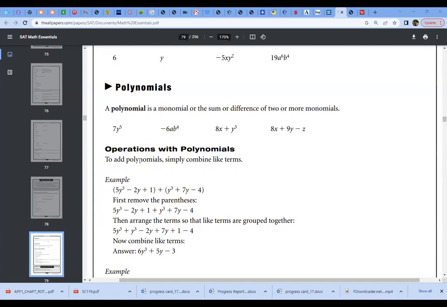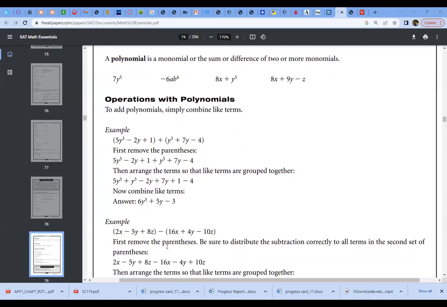So 5y to the power 3 plus y to the power 3 is 6y to the power 3. Negative 2y plus 7y is 5y, and 1 plus negative 4 is negative 3.